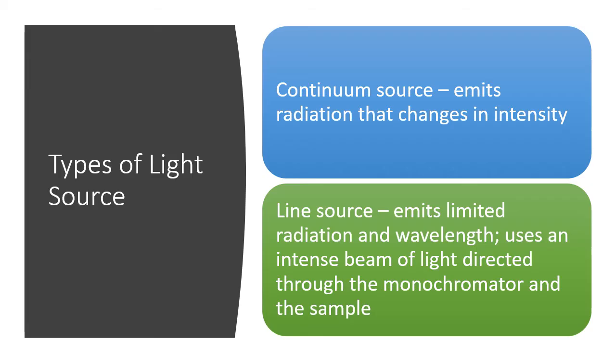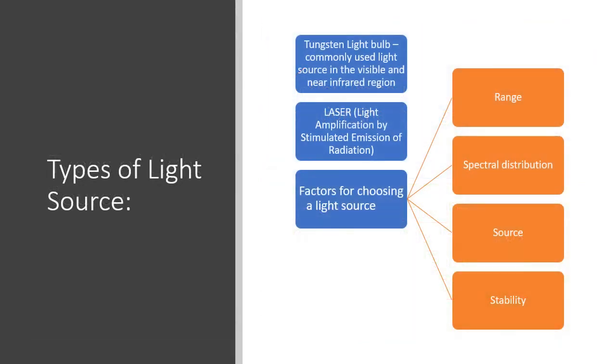We have types of light source then. You have your continuum source, which emits radiation that changes in intensity. And you have your line source, which emits limited radiation and wavelength and uses an intense beam of light directed to the monochromator and the sample. Okay, usually line source naman yung ginagamit natin. Okay, so types of light source, you have your tungsten light bulb, which is the most commonly used light source.